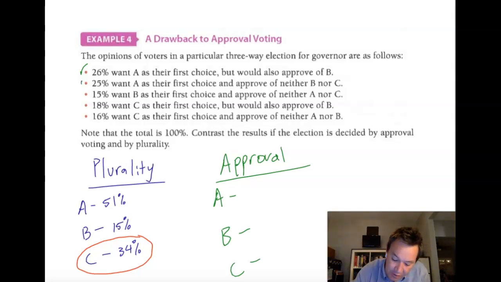They're approved of here. They're not approved of here. They're not approved of here, and they're not approved of here. So they retain 51%.